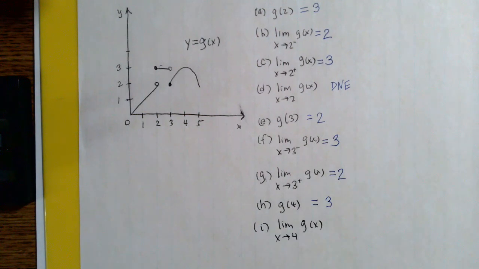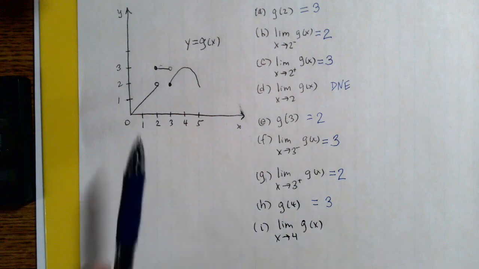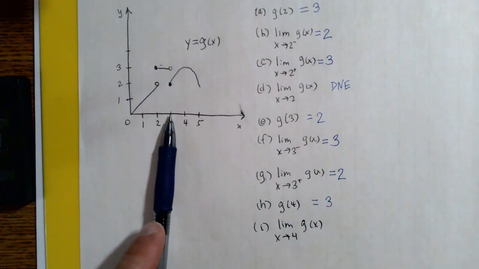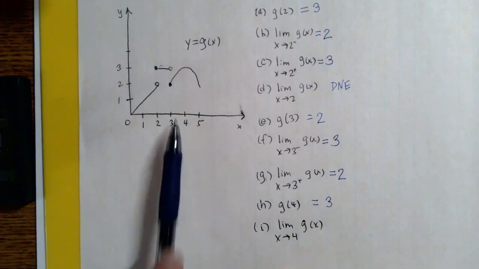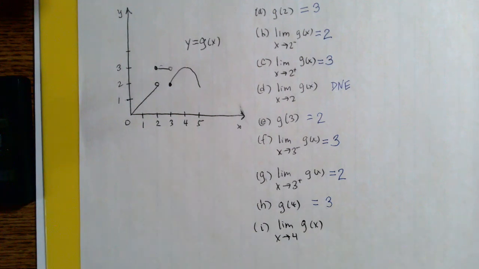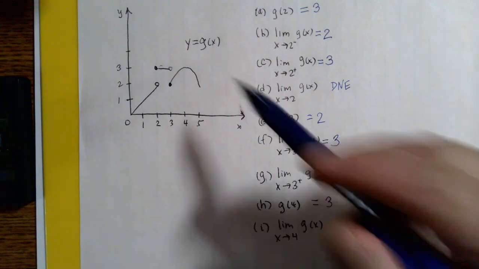Now, for part I, the last part of this problem, they're asking for the two-sided limit of g when x approaches 4. So what we want to check is, as we approach 4 from the left and as we approach 4 from the right, is the graph heading towards a common value? And it is.